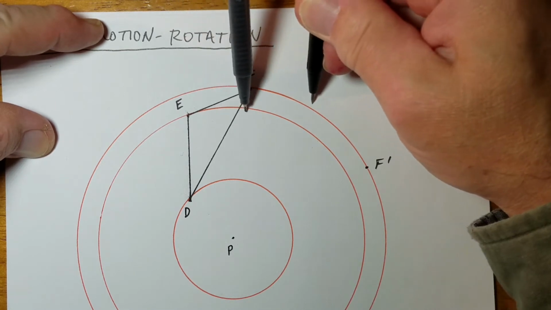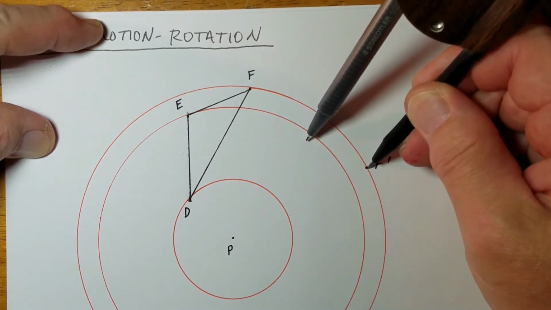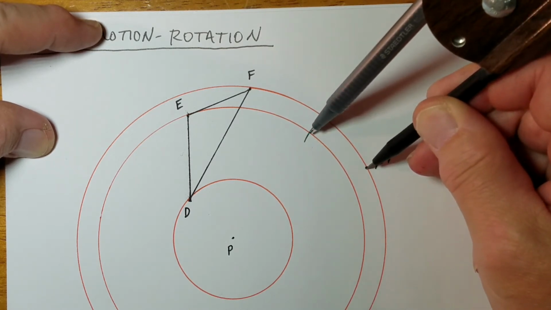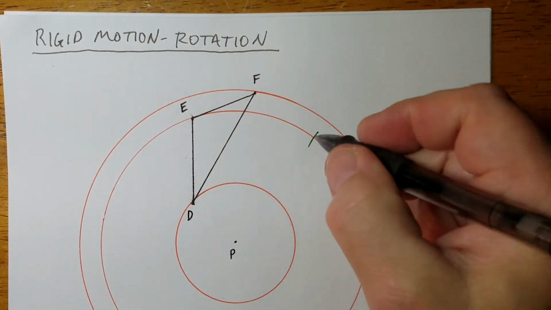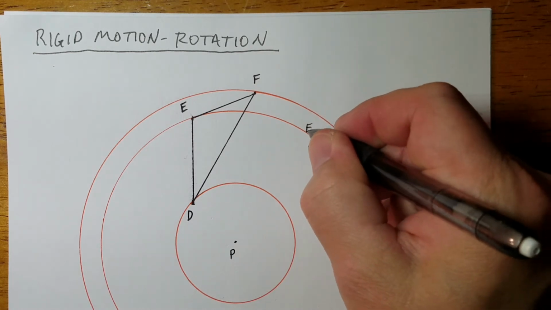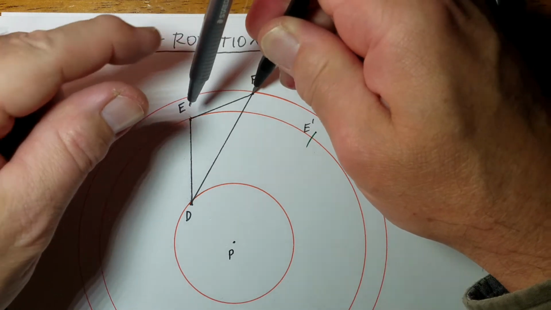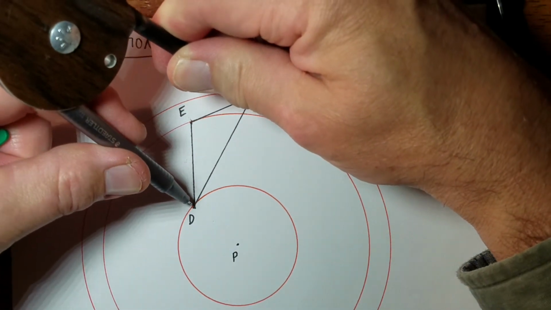So point F will travel on the outer circle, point E on the inner circle, and once I arrive at point F prime, I can just mark off where E prime would be. And then I can do the same thing for point D. F to D is this far.